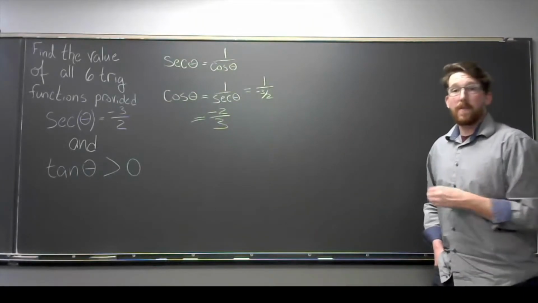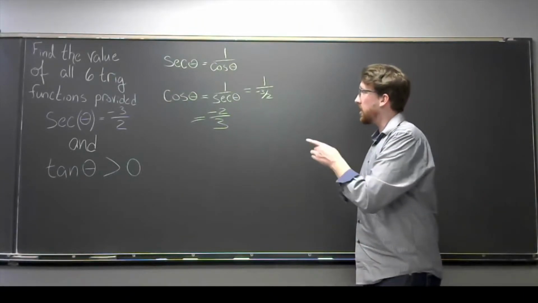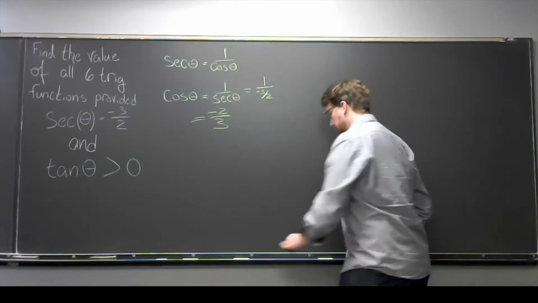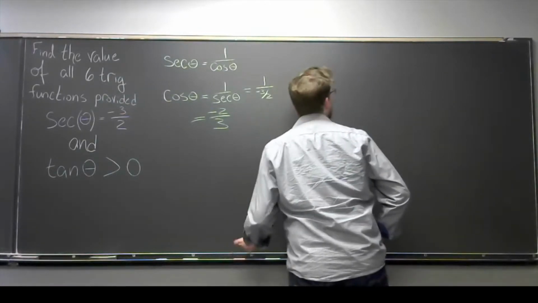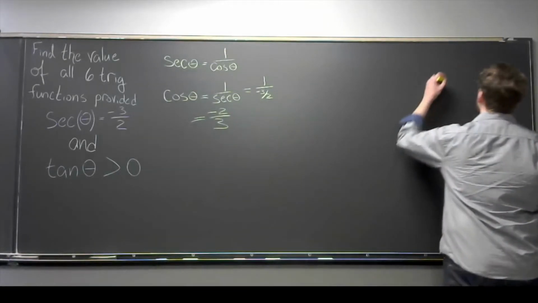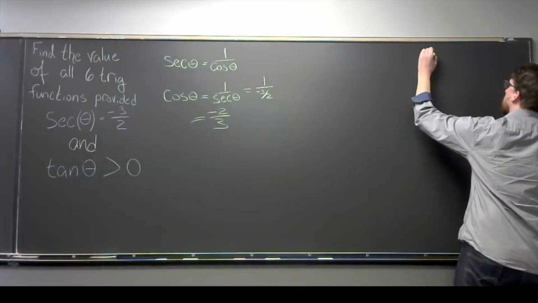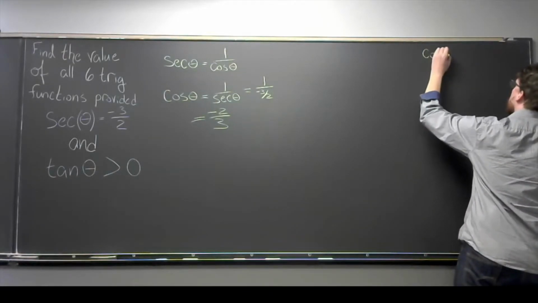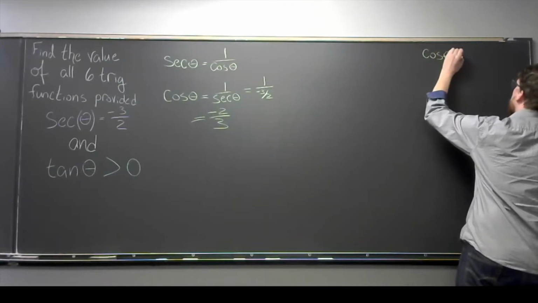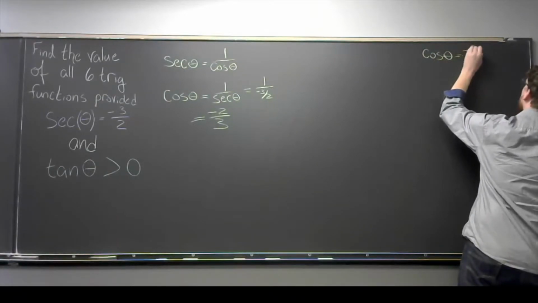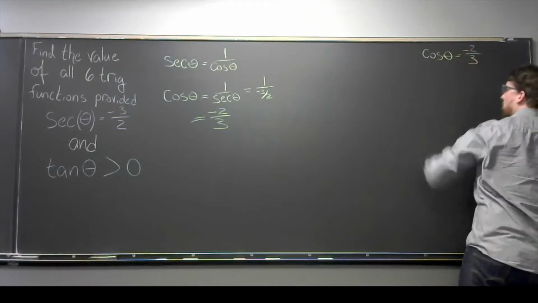So already we found cosine. Cosine is equal to -2 over 3. Let's write that up in the corner up here. Cosine of theta is equal to -2 over 3.